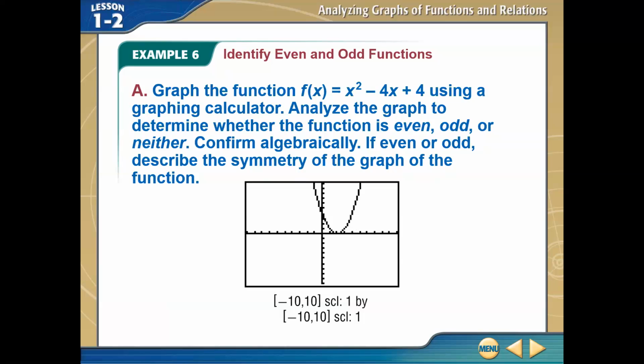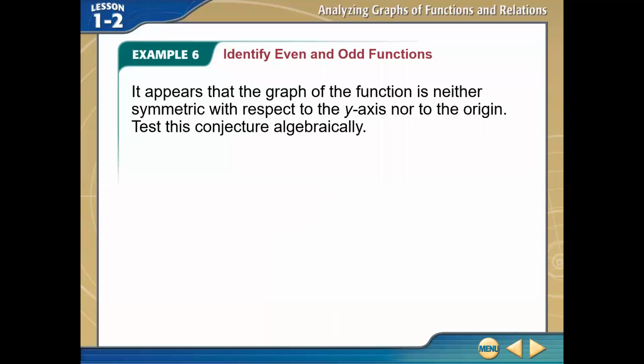And then if I plugged in negative 1 squared is 1, minus 4 times the quantity of negative 1, which would be 5, plus 4, that's all the way up here at 9. So f of 1 was 3, f of negative 1 is 9. This does not have any symmetry. I mean, it has line symmetry through probably x is equal to 3, but it's not an even or an odd function, so I'm going to say neither.